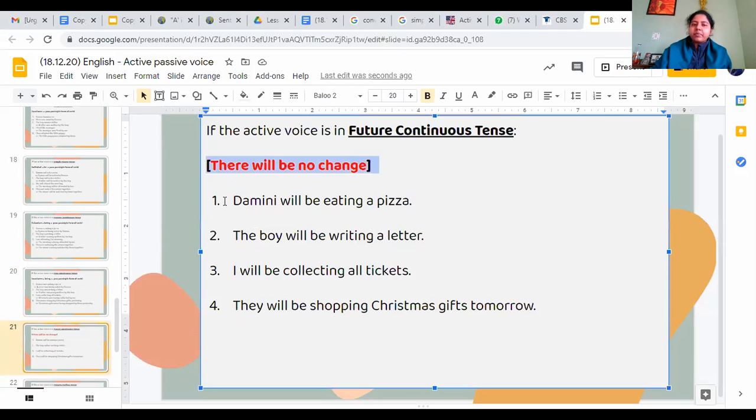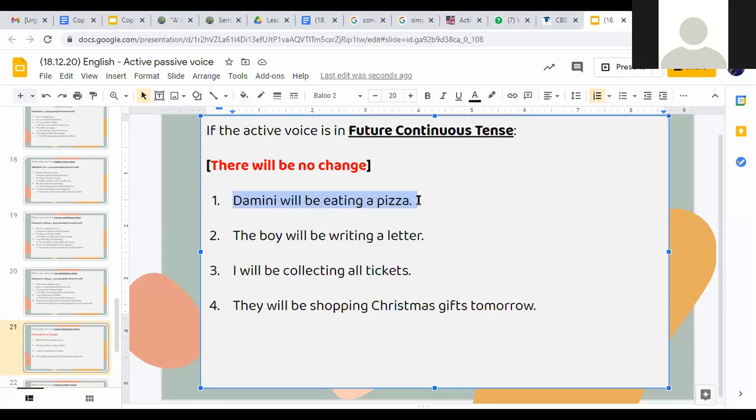Forget this part. ठीक है. But if you look at this sentence, Damini will be eating a pizza. This is in future continuous tense. So according to you, what should be the passive form of this? क्या लग रहा है देख के sentence? A pizza will be eaten by Damini. Exactly, right? हमको पढ़ के ऐसा ही लग रहा है.